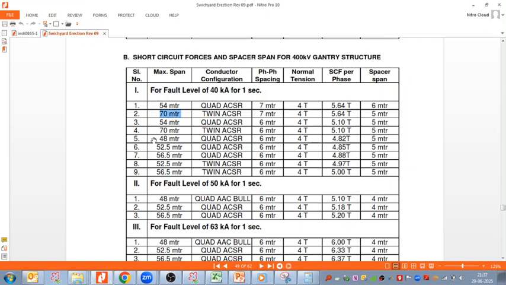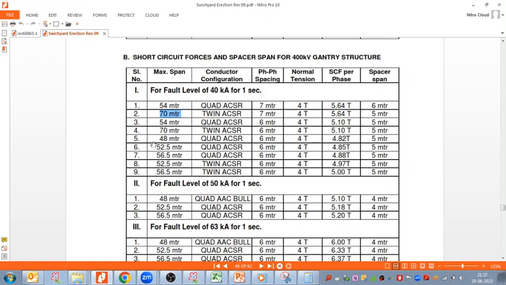If you consider the conductor weight, I think the conductor weight is 2 point something kg, multiplied by the gravitational force of 10, accordingly they are taking. I need to double check, but this could be one background for that. Same, we will also consider 40 for our calculation.